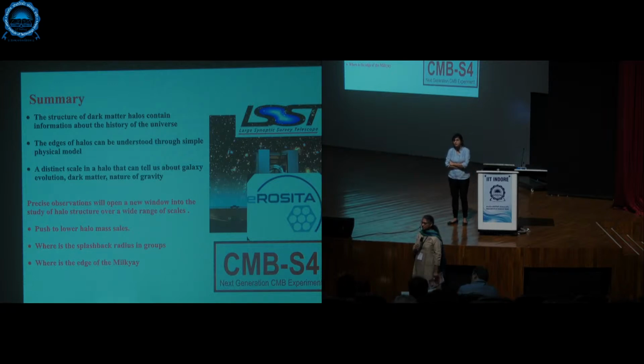So both NFW and the Einasto profile are essentially profiles that have been used to fit what we observe in simulations. The origin of these profiles is not actually from a theoretical motivation. It was seen that NFW profiles and Einasto profiles fit the halos better.